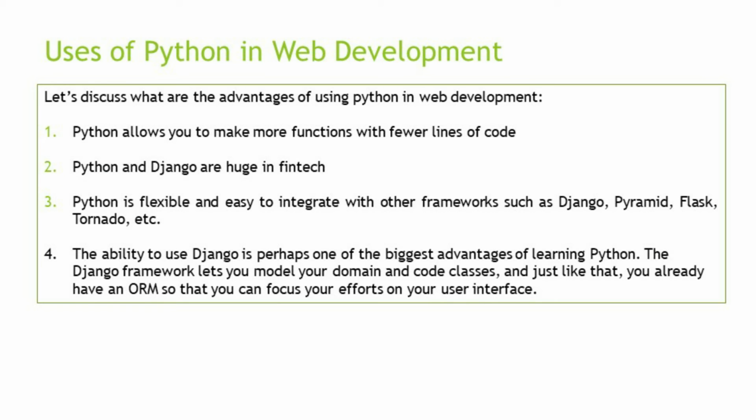Next, we have uses of Python in web development. Now, if I talk about web industries, we always need Python. Why? Because it has more functionality. It is more on writing pure lines of code. So if you create a web page, if you create a website, you know how much needs to be written in terms of the HTML, in terms of the hosting platform.